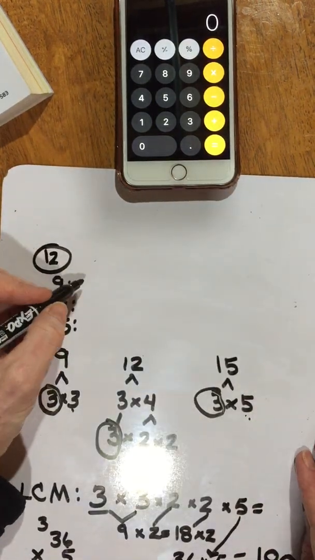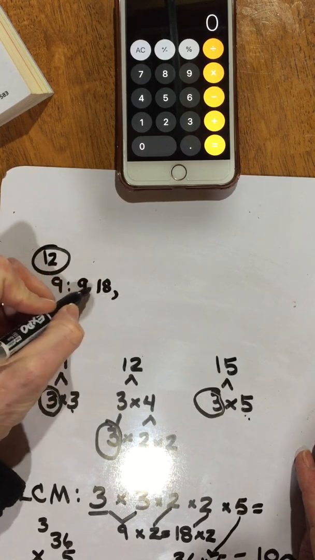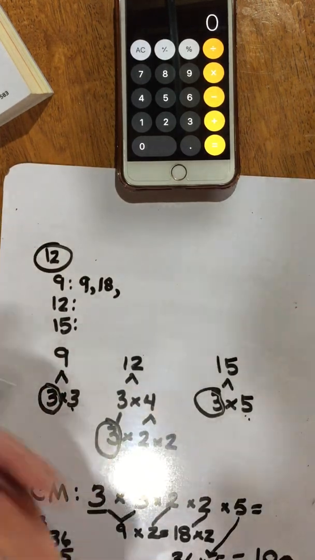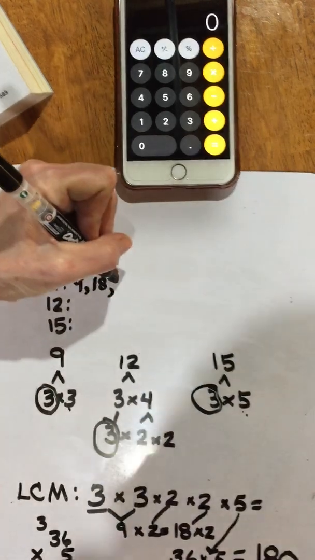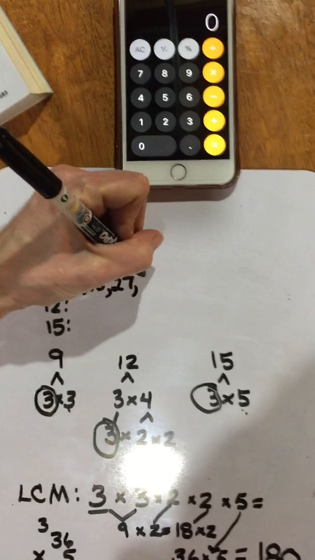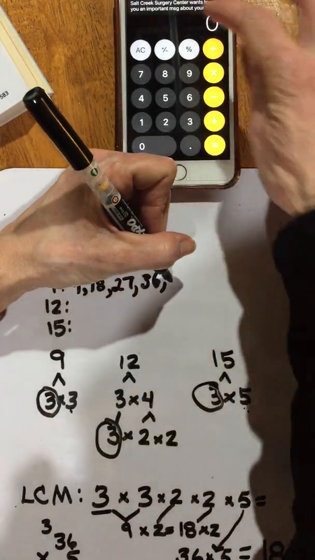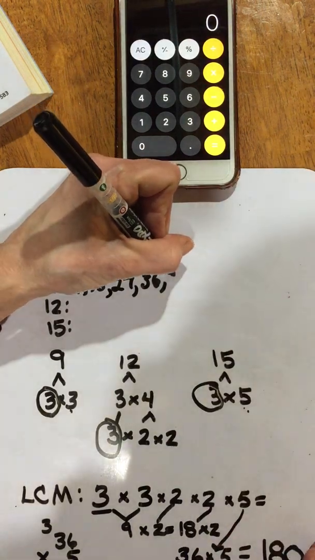Well, 9s are kind of easy. 9 times 1 is 9. Then we have 18. Listing all the 9s. 9 times 3 is 27. I got to get my brain going. 36. And let's see, where are we at?